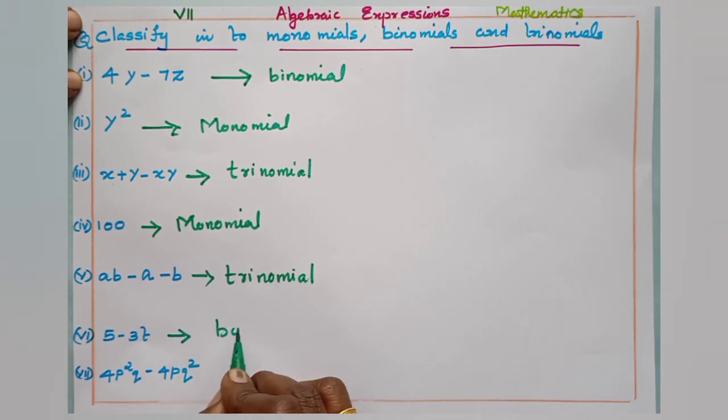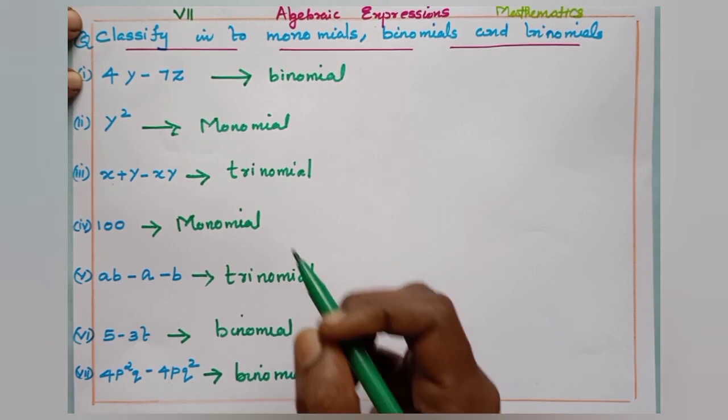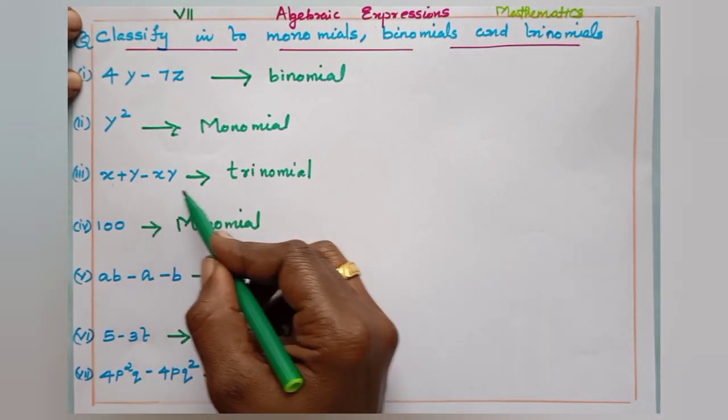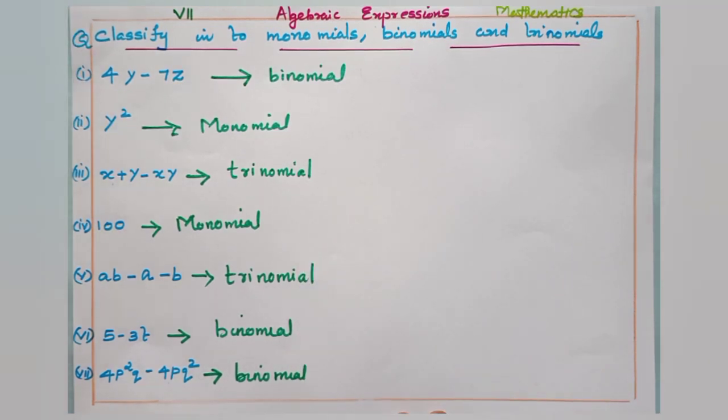So yes, binomial. And the last question, listen. 4p square q minus 4pq square contains two terms, binomial. So an algebraic expression that contains only one term is a monomial, two terms a binomial, and three terms a trinomial. Understood, all of you?